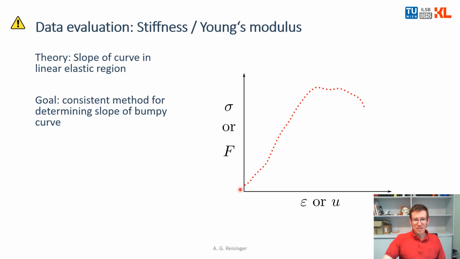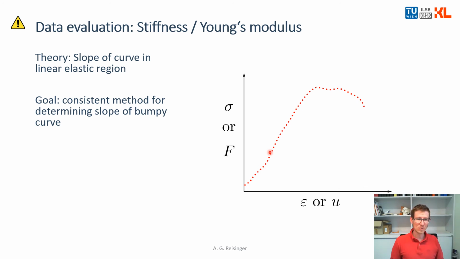The issue is that usually real tests look like this, so very bumpy and noisy signals. And the question is, okay, where is now the linear elastic region, and where is the slope of that linear elastic region, which is needed for stiffness or Young's modulus?